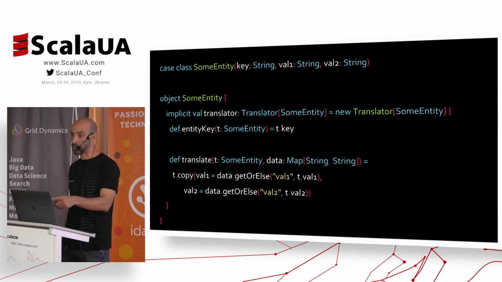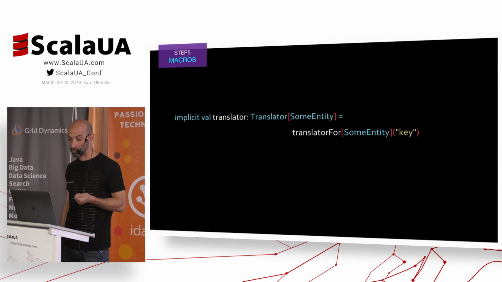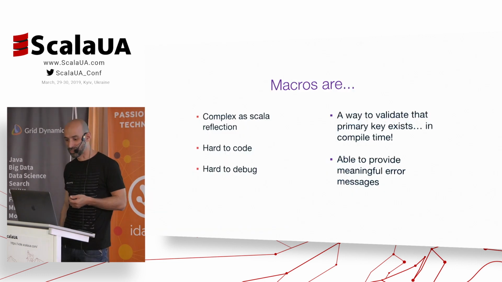And if, by the way, you have 5 properties or 10 properties or properties that are nested in each other, the code begins to be very, very complicated. And now we managed to narrow it down to this. But macros, yeah, it's scary, right?